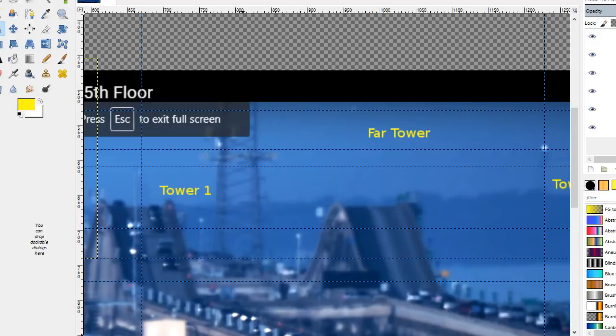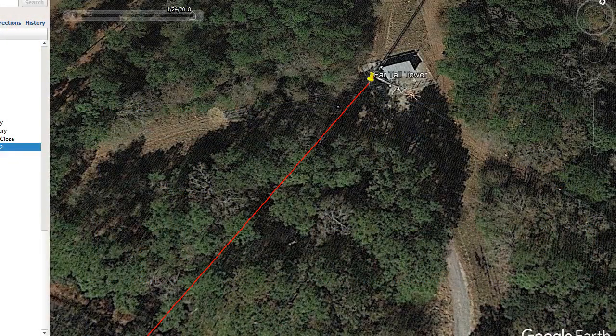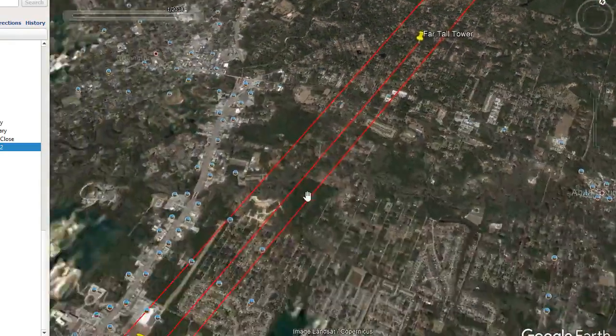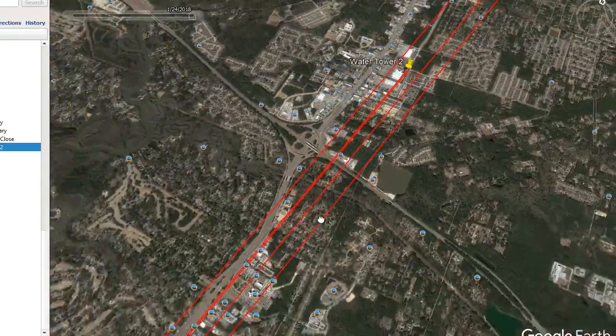And the final thing I'll point out that I want to put in my video tomorrow is back to Google Earth, and so we have the far tower.